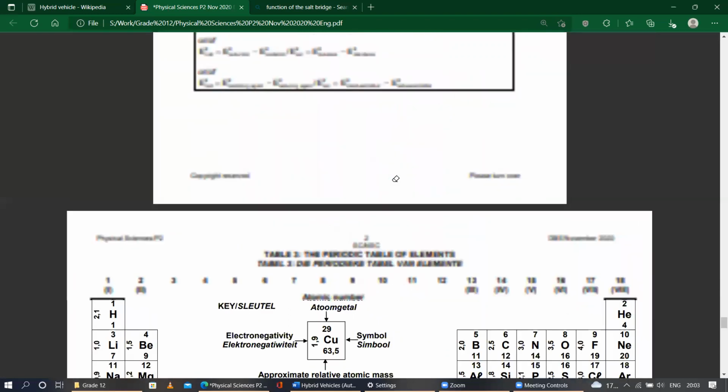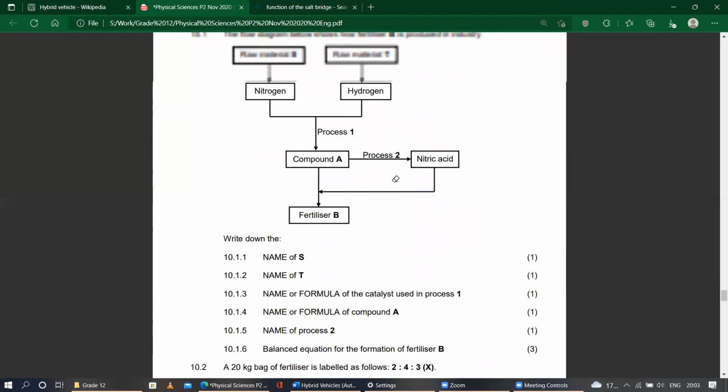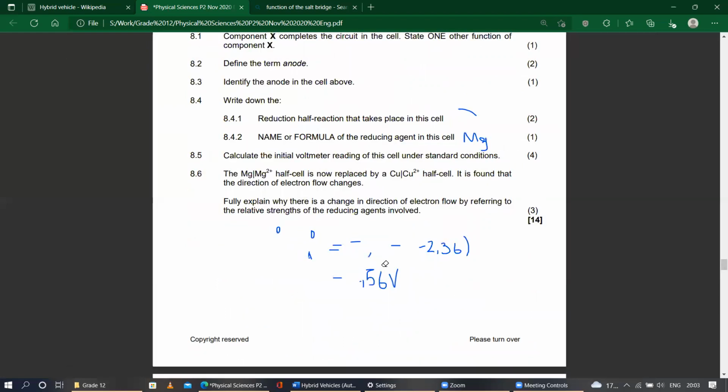From what they're saying, when the direction of the electron flow changes, that means copper has a higher oxidizing ability than platinum.